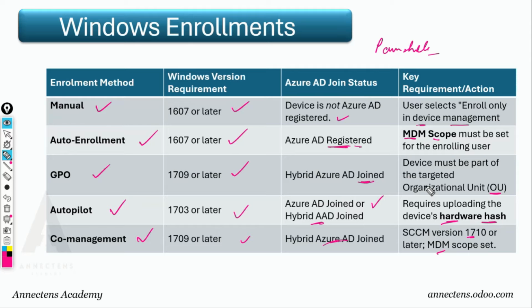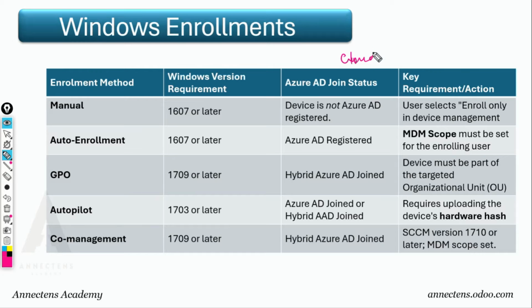Okay. So, first of all, the ODJ connector, which I talked about, is especially for Autopilot, not for co-management. When we are trying to connect both environments, there is one thing that is called cloud attach configuration.